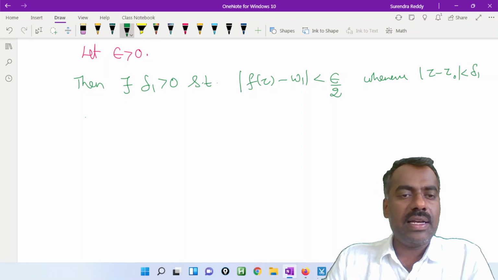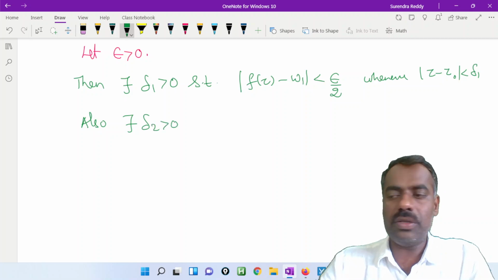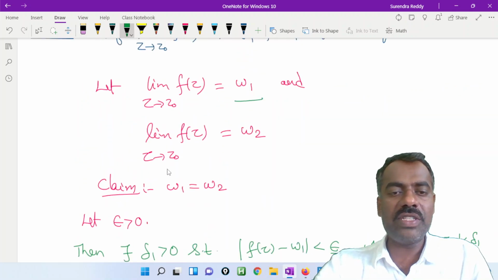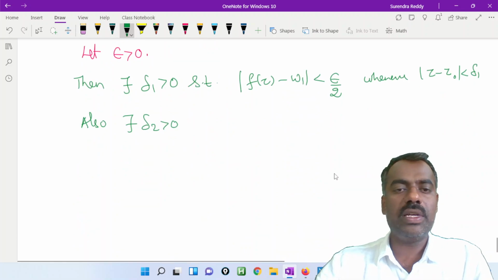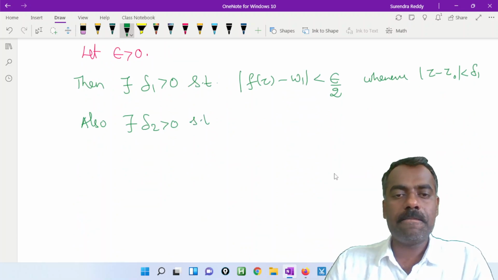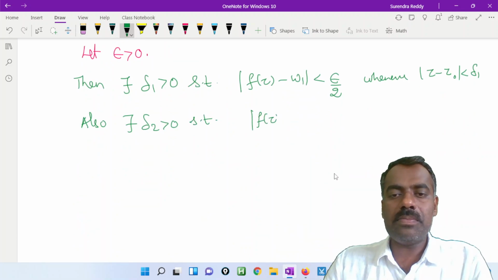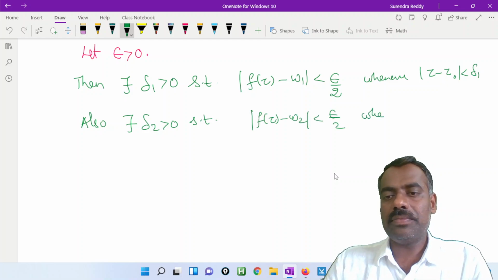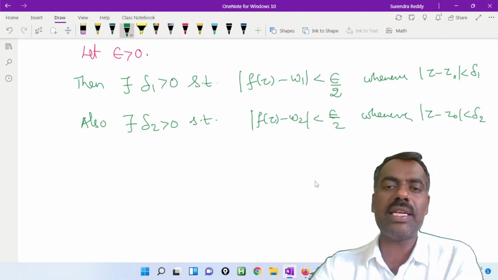Also there exists delta 2 greater than 0, because the limit of f of z is also equal to w2, such that mod f of z minus w2 is less than epsilon by 2 whenever mod z minus z naught is less than delta 2.